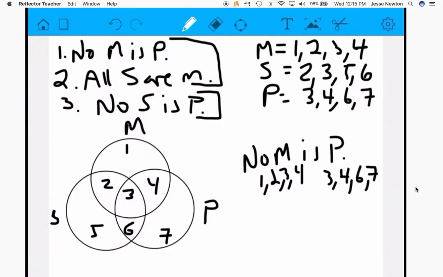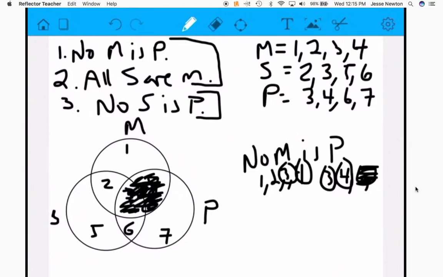And so the way we diagram this is we just do what we've done before, which is we circle the regions of overlap, which is 3 and 4. Circle those. We get rid of these because we don't care about those. And then what we're saying is nothing is in 3 and 4. So we shade in 3, we shade in 4. And so that's pretty straightforward and easy, just everything like we've done before.